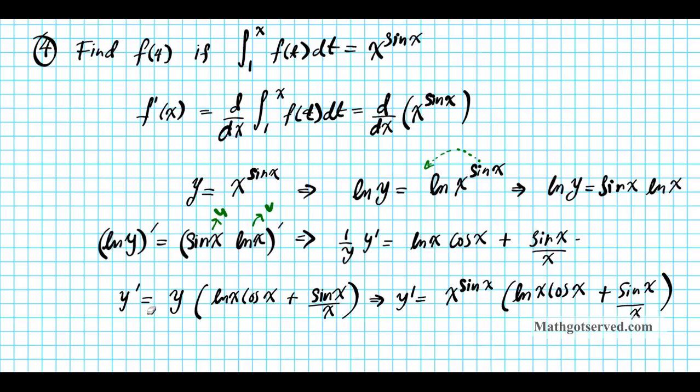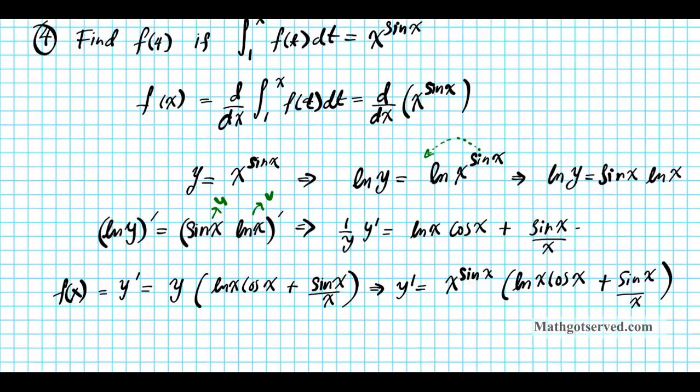So what we're going to look for now is this is f of x. This is f of x right here. So I made an error in my notation. This is supposed to be find f of x. Since this is the integral of f of x, f of x would be the derivative of this entire expression. So this is right. This is f of x. Sorry about that.